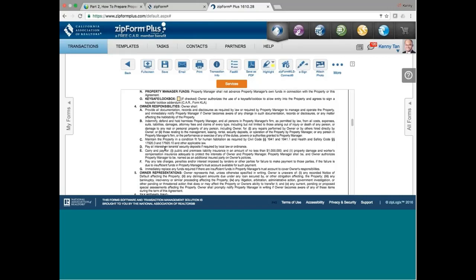Pay all interest on tenant security deposit if required by law, sure. Carry and pay for premises liability insurance, no less than $1 million, sure. F, pay any late charges, penalties imposed by lenders, yes. Immediately replace any funds required if there are insufficient funds, sure. These are all the owner's responsibility.